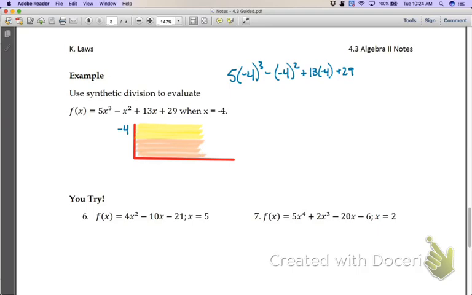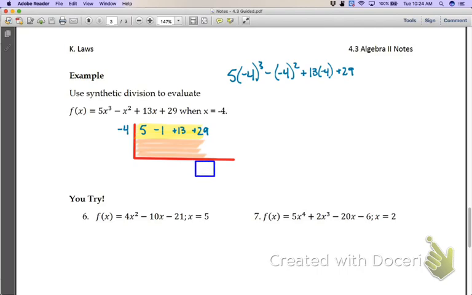The numbers that are going to go across are going to be 5, negative 1, positive 13, and positive 29. With synthetic substitution, or what's called the remainder theorem, I'm really only looking for one thing.